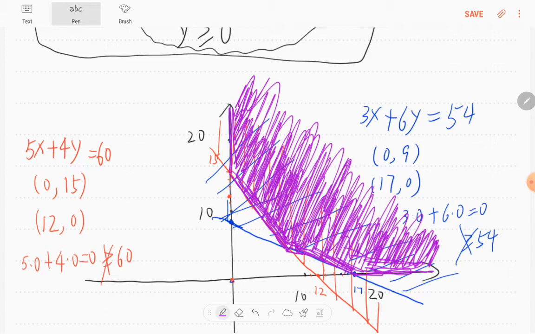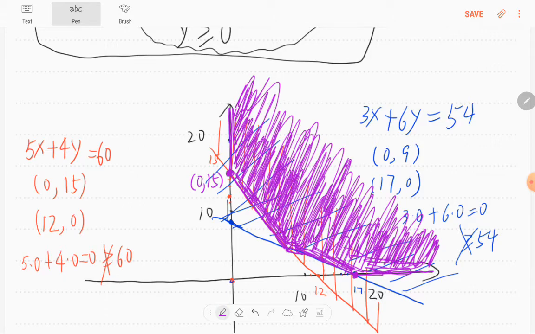So we have some corner points, right? This is one corner, which is 0, 15. This is another corner. This is 17, 0. Sorry, it's not 17, it's 18.